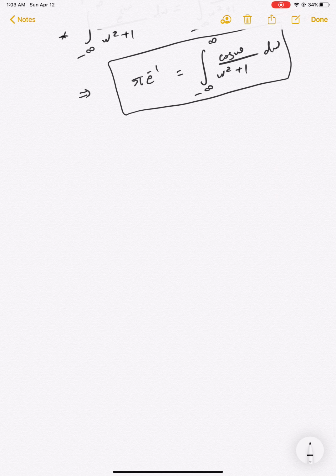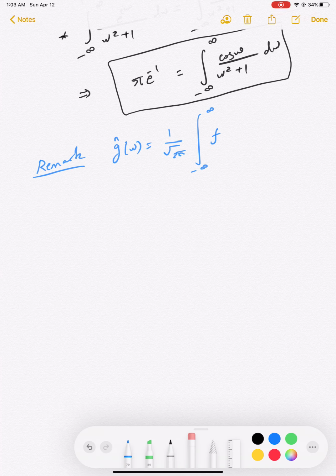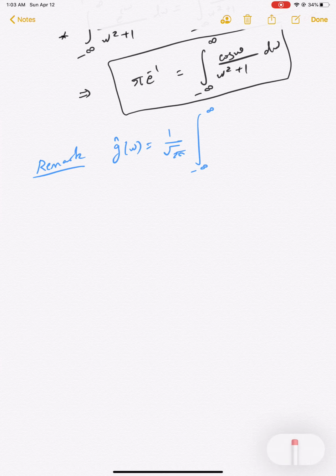I would like here to mention a little remark that I think some of you have already noticed. Let's look at, if you have a function g, what is g hat of omega? It is 1 over root 2 pi integral from negative infinity to infinity of g of x e to the minus i omega x dx, right? You will see why I changed my function, just to avoid the coming confusion.